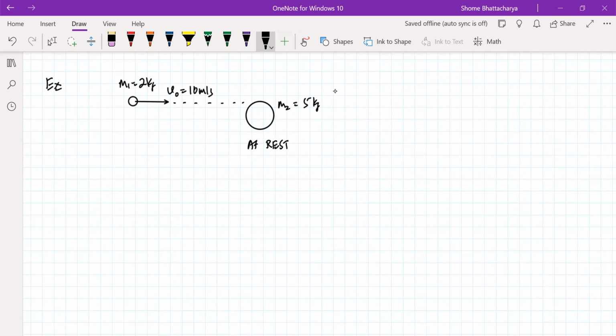Now suppose again it is given that M1 deflects by, this time let us say, 60 degrees, okay, and M2 moves at 60. So this time instead of M2's direction, what is given to us?